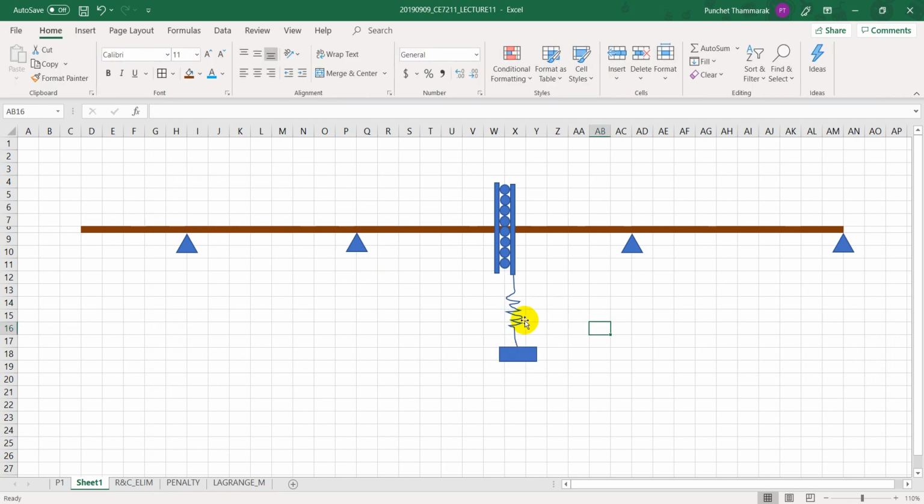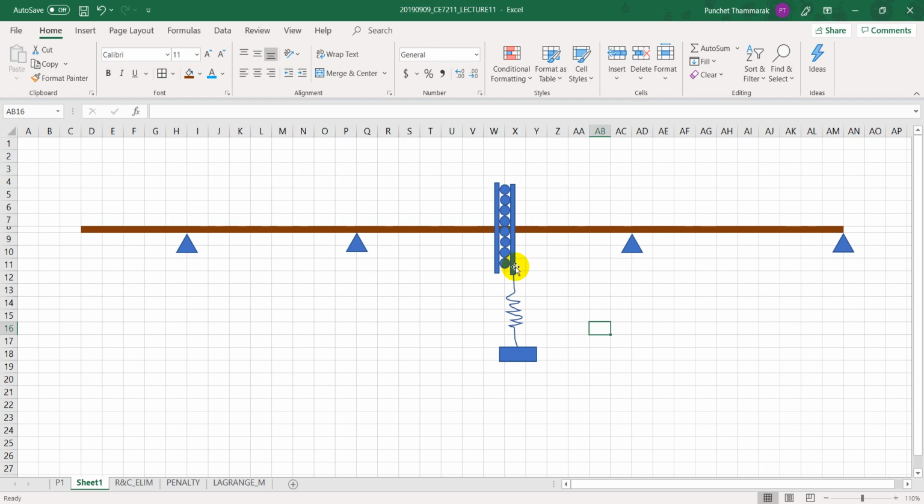Okay, this spring, which is the translational spring, is attached to this side of the member. This monster is a brother or sister of the hinge. Hinge transfers shear. It doesn't transfer moment. This one transfers moment, but not the shear.